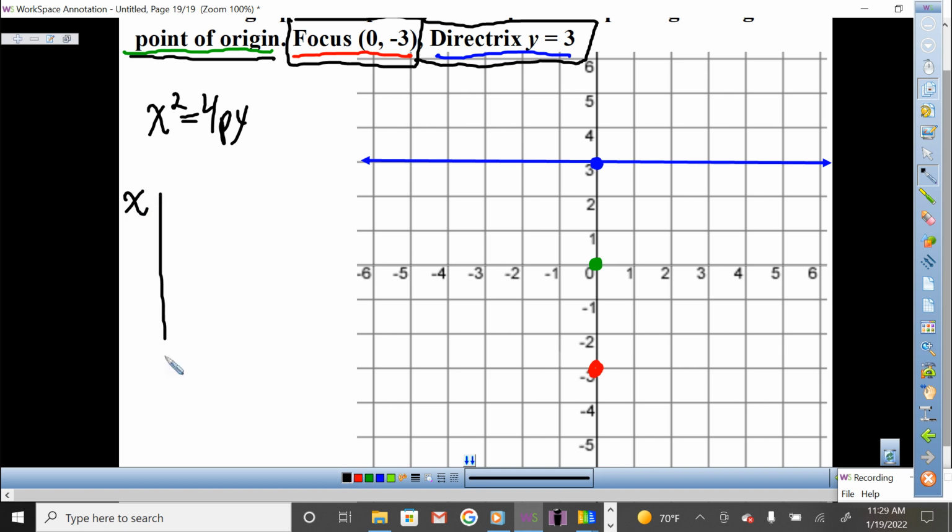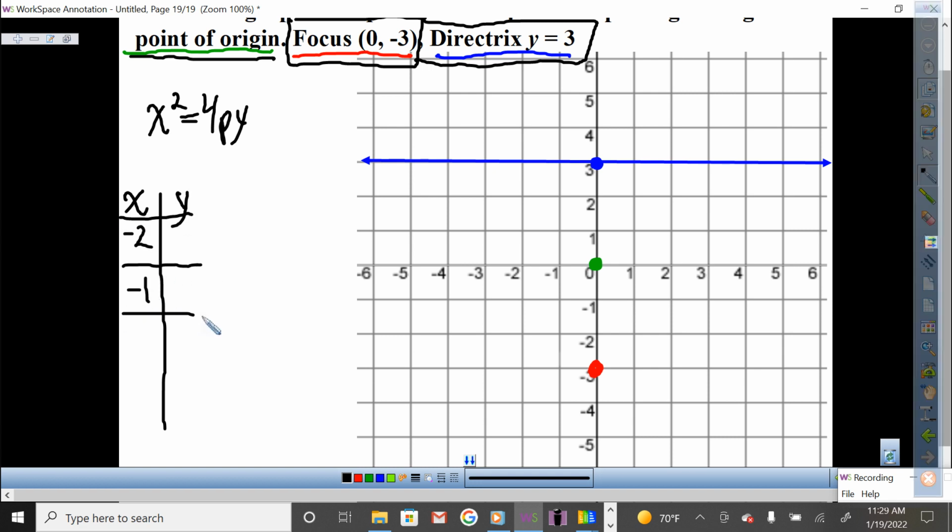X and y. We got negative 2, negative 1, 0, 1, 2. However, before we substitute this in here, we need to change the value for p. P is the distance between the points: 3 steps and 3 steps.